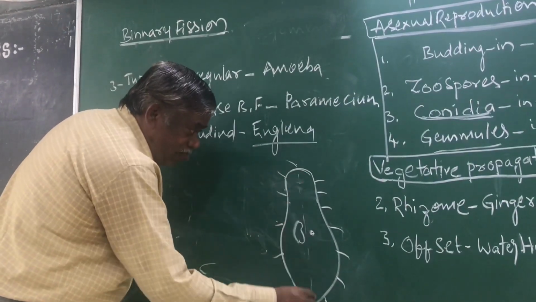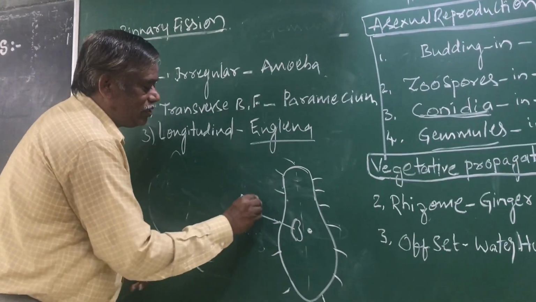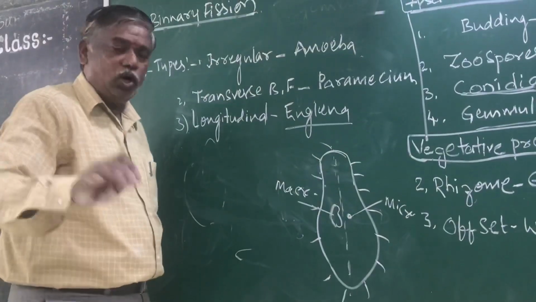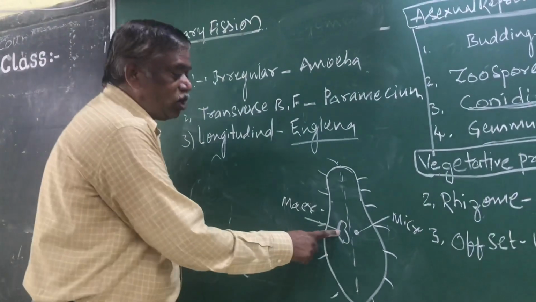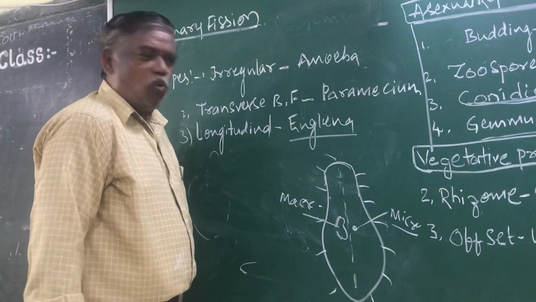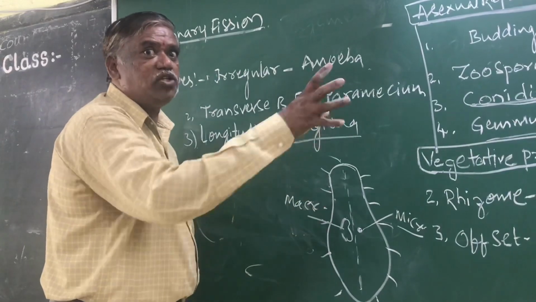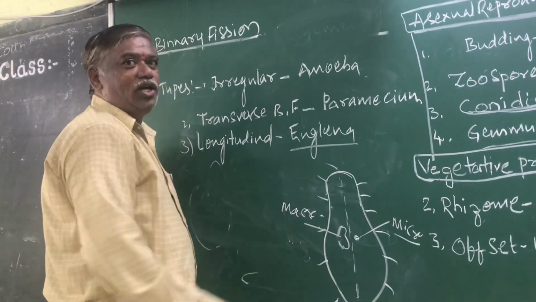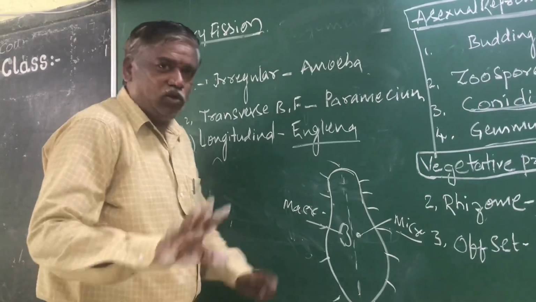It is binucleated: one large kidney-shaped nucleus is called the macronucleus, the other is the micronucleus. All vegetative functions, locomotion, respiration, digestion, are under the control of the macronucleus. Sexual reproduction is under the control of the micronucleus. Keep that in your mind.